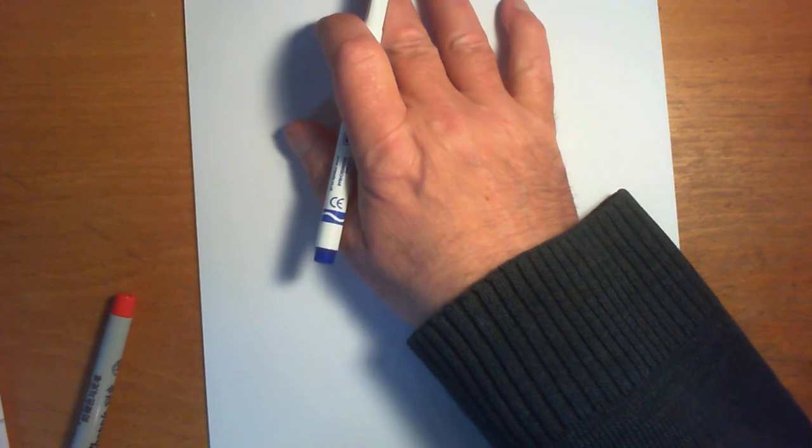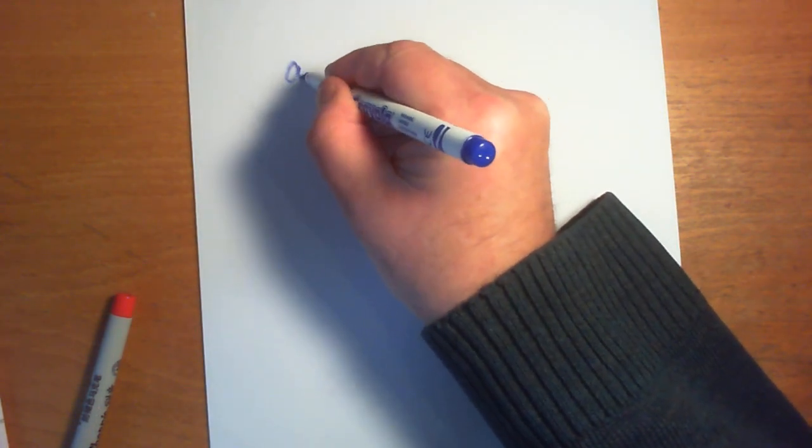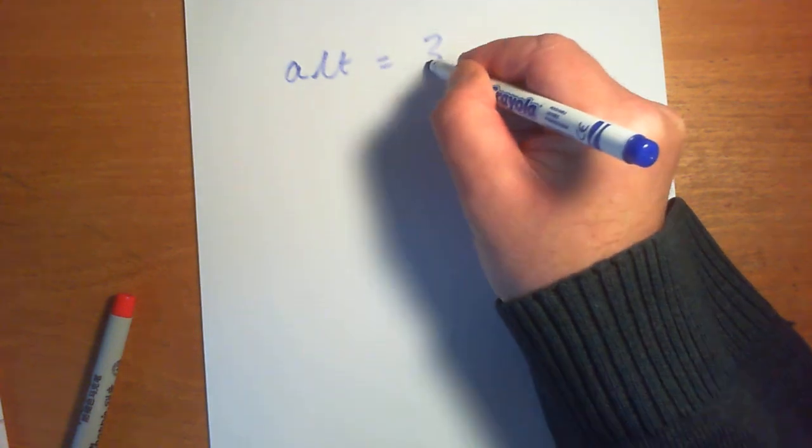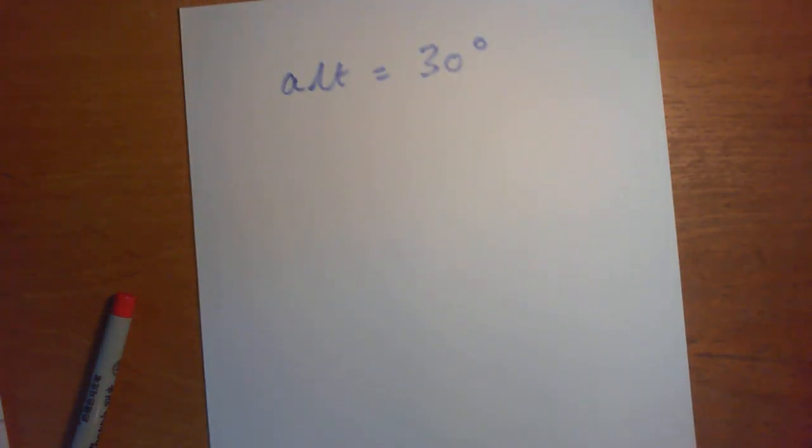We'll just finish off by talking about how you can work out the declination of a star from its altitude. If a star has an altitude of 30 degrees, the question would be, what is the declination of that star?